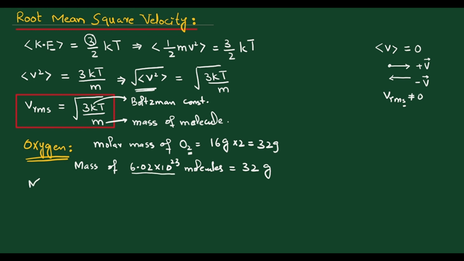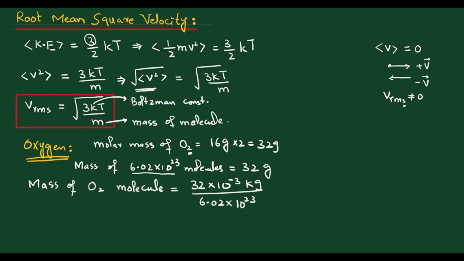Then the mass of one oxygen molecule is equal to 32 multiplied by 10 raised to power minus 3, to convert gram into kilogram in SI units, divided by 6.02 times 10 raised to power 23.